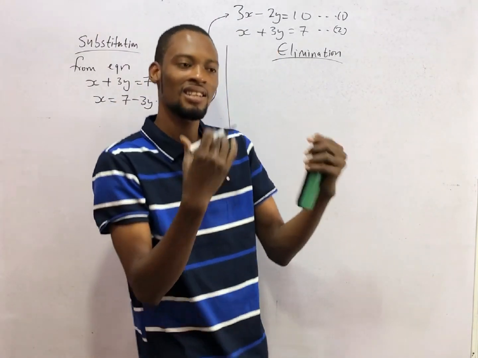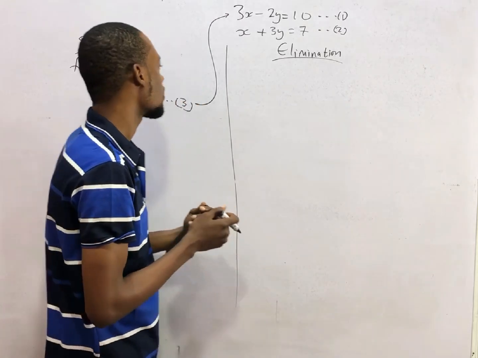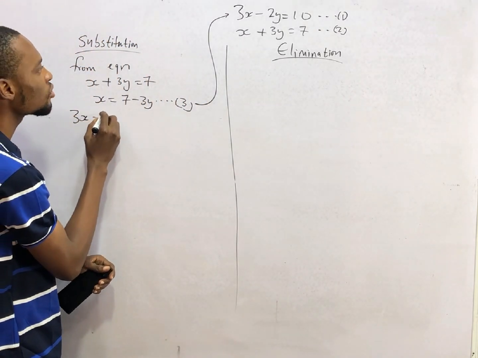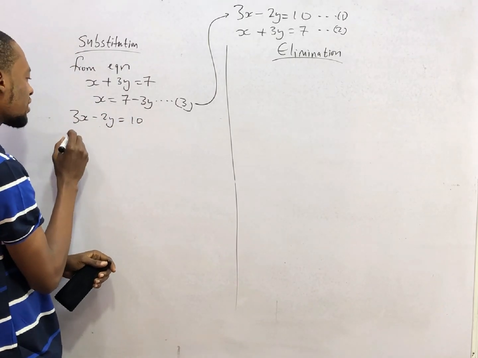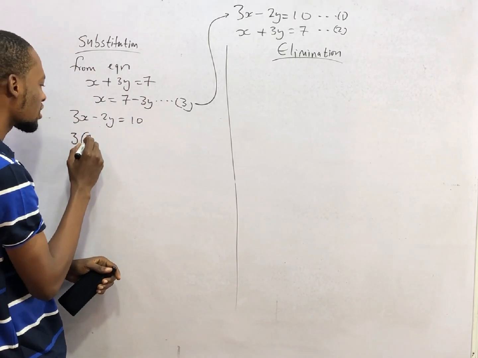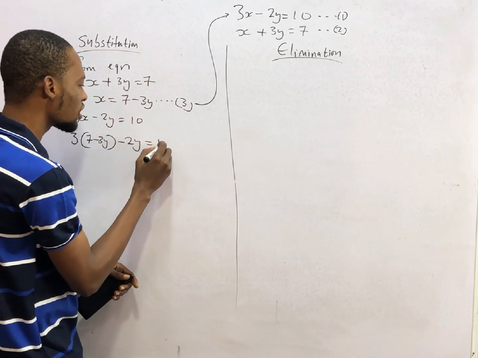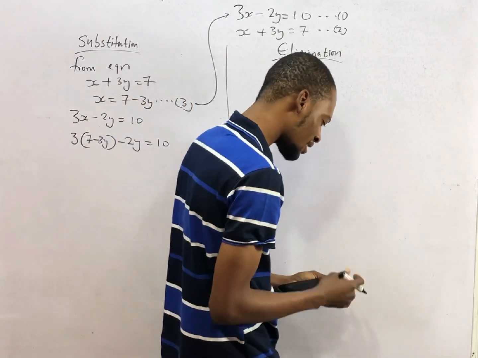Substitution. Hence, it is referred to as substitution method. So, equation 1 is 3s minus 2y equals 10. Now, instead of 3s, it is now 3(7 minus 3y) minus 2y equals 10. We've substituted successfully.